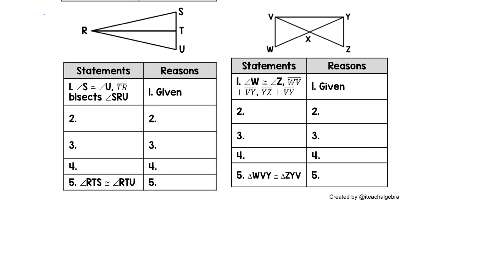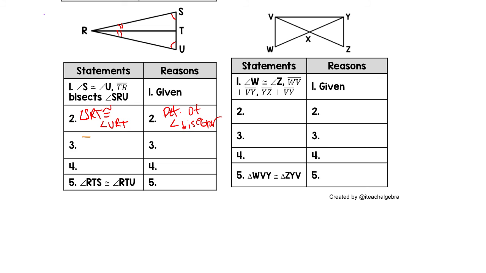Angle S is congruent to angle U. And segment TR bisects angle SRU. So that means this angle and this angle are the same. We need to write that explicitly. Angle SRT is congruent to angle URT because of the definition of an angle bisector.